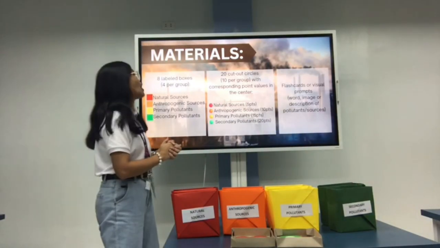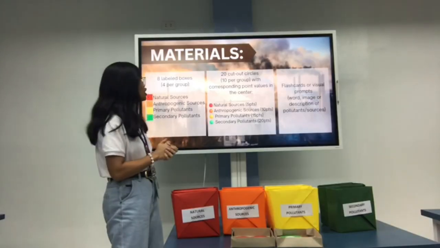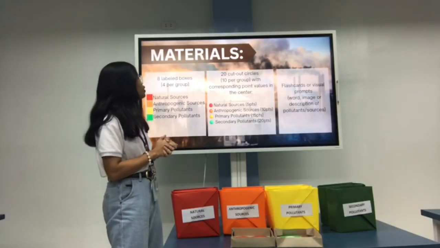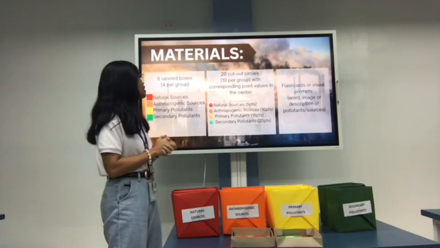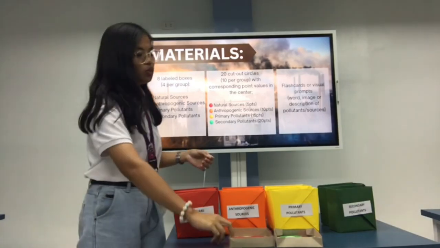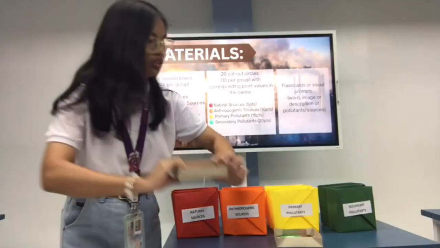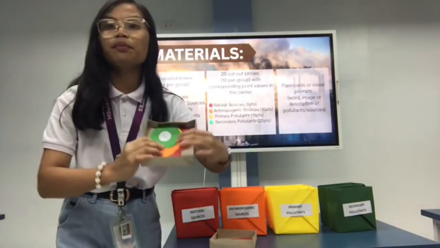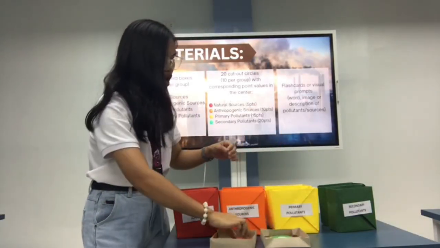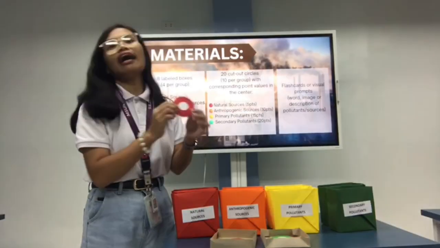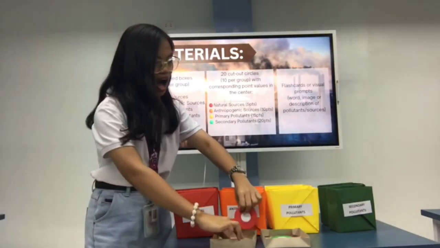And then we also have 20 cut out circles, 10 per group, with corresponding point values in the center. These are the cut out circles, 20 of them, 10 per group. For the red, we have 5 points.